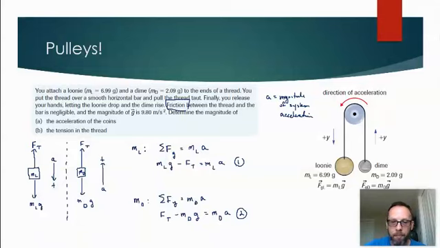So for this problem, I think I'm in the mood to do some elimination. The reason I'm going to use elimination is because I have a negative FT and a positive FT. So I know if I add those two together, I'll get 0. So I think that sounds pretty good. So I am going to go to my second slide here.